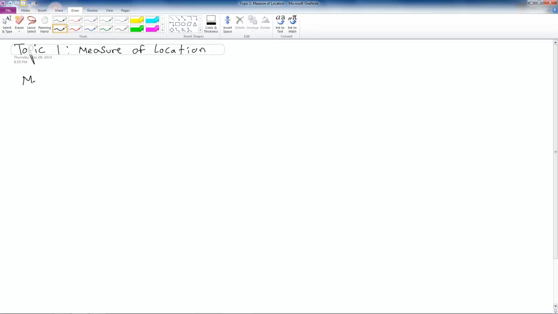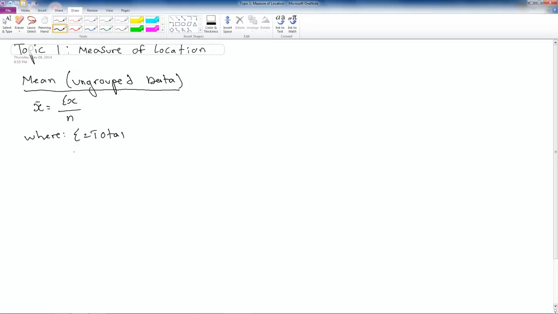Let us start from the mean, ungrouped data. The formula for mean ungrouped data is the mean equals total x divided by n, where this is the total, this is the value, and of course the number.